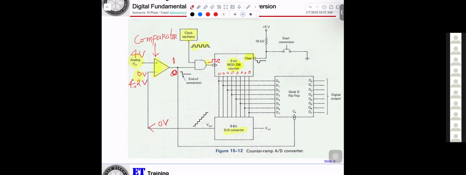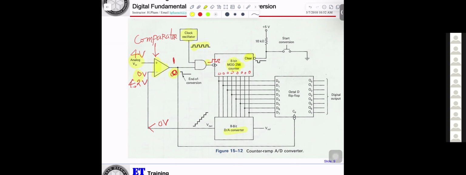If you get a 1 here, then they get frequency coming in to count. When it gets higher than 4 volt, 4.2 volt, and they get 0 here, they stop counting.